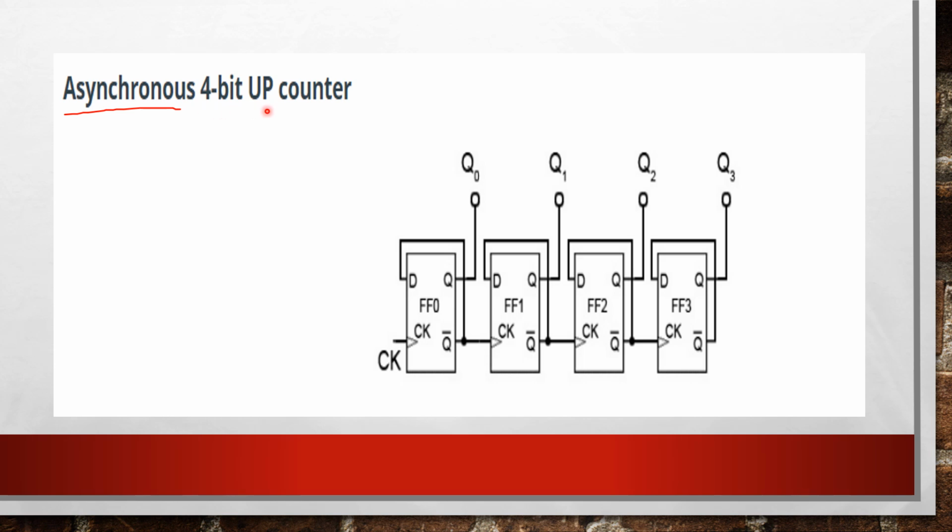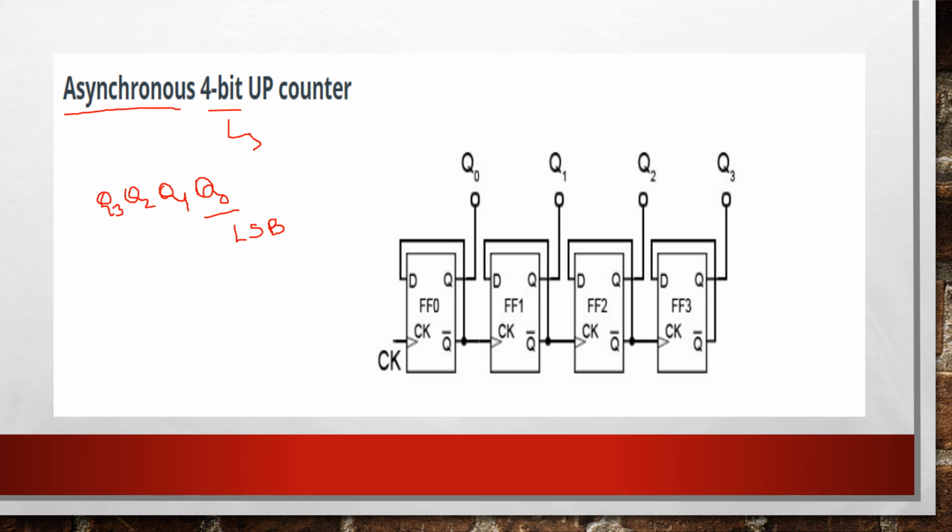Then 4-bit up counter. The 4-bit states that there are 4 bits, that is Q0, Q1, Q2, Q3, where Q0 is the least significant bit.